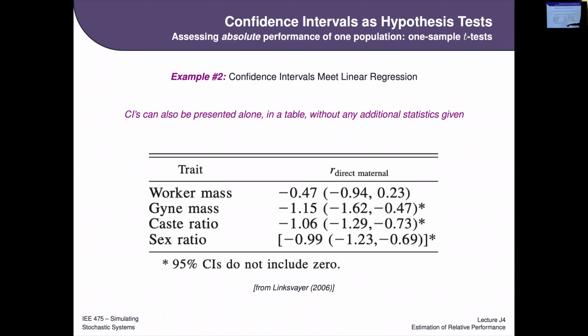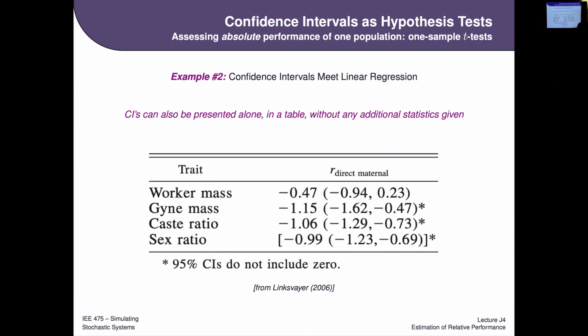So this little asterisk down here says, 95% confidence intervals do not include 0. He doesn't even say what that means. He just counts on the reader knowing that these 3 confidence intervals, because they do not include 0, are statistically significantly different from 0. So this is the language that people use out there in real statistics.